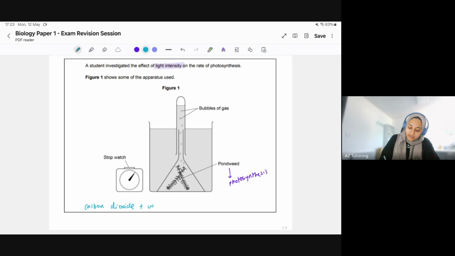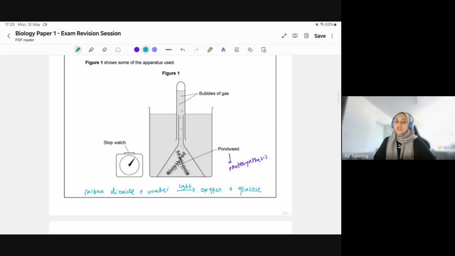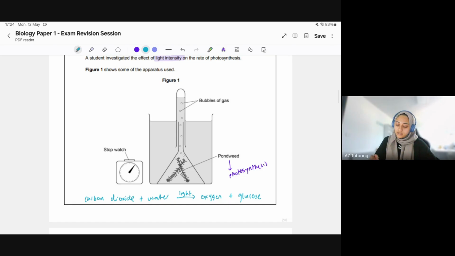You then give the plant water using light. That then produces oxygen, which the plant releases, which we then use for respiration. And it also produces glucose.